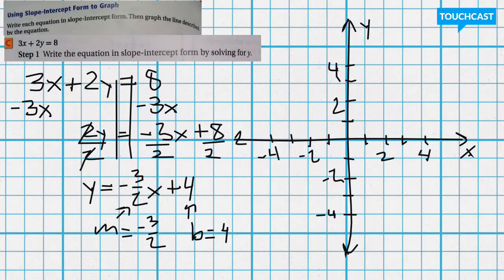Now we can move on to actually graphing the line. So let's graph our y-intercept, which was 4. We'll put a point at 0, 4. And then from there, we're going to go down 3 units, and then we're going to go right 2 units to plot our next point.